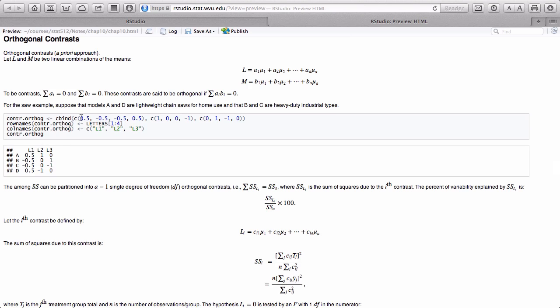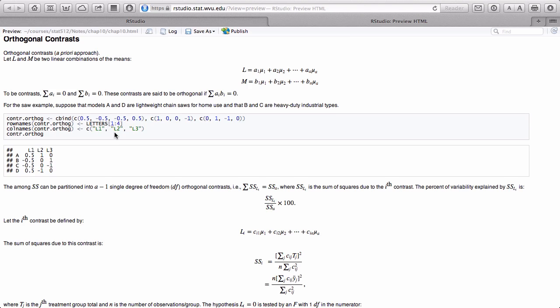Here's the first contrast right here. Now, what is that? That's 0.5, minus 0.5. Well, you can't see the minus, maybe. There's a minus sign right there. Is that visible at all? If you look carefully, there's 0.5, minus 0.5, minus 0.5, and 0.5.